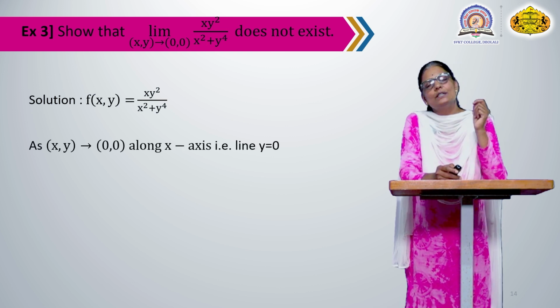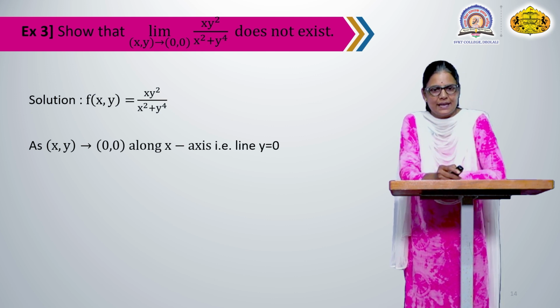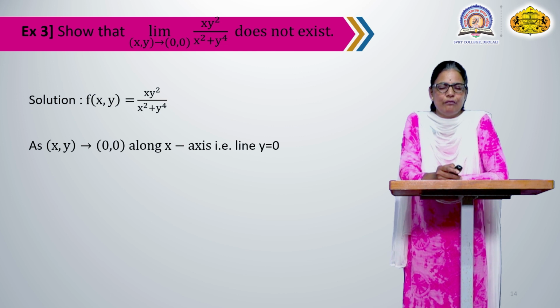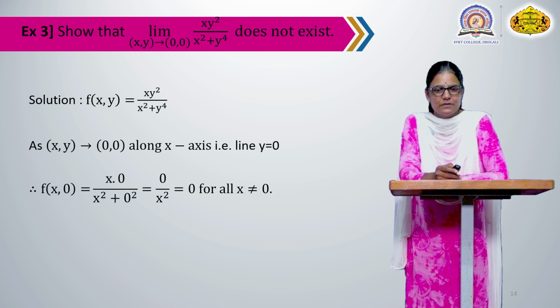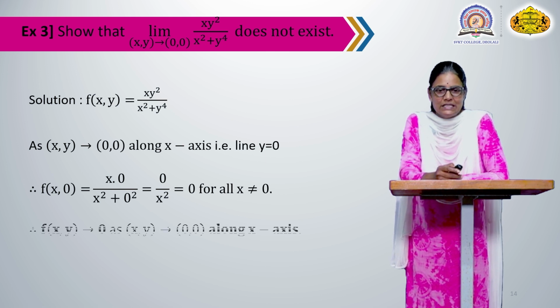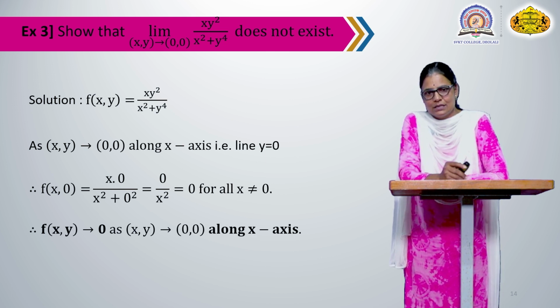Now as usual, first we have to consider the simplest path, either the x-axis or the y-axis. I consider here the x-axis. Find the limit of the function along the x-axis. For that we put y equals 0 in the function, and so this function becomes 0 here, which is again a constant, and that's why the limit of the given function is 0 as (x, y) tends to (0, 0) along the x-axis.